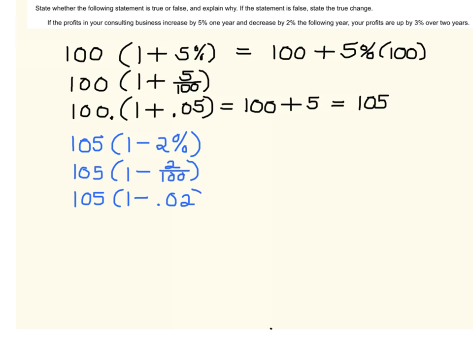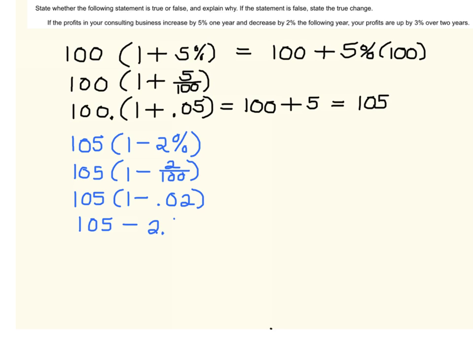That's 2%. So if we multiply 105 times 1, we get 105 back, minus, now we're going to multiply 105 times 0.02, and that gives us 2.1.